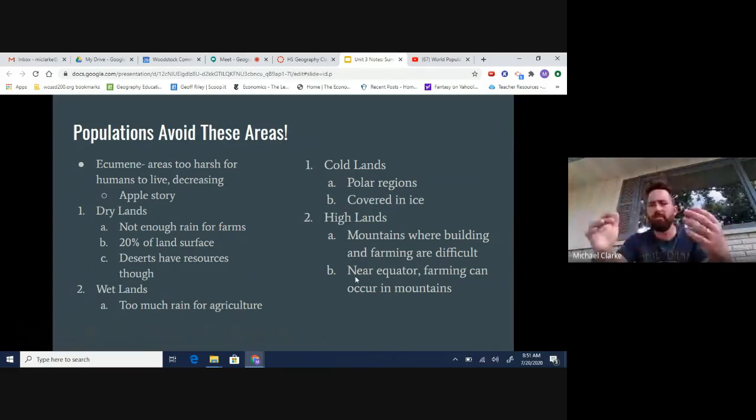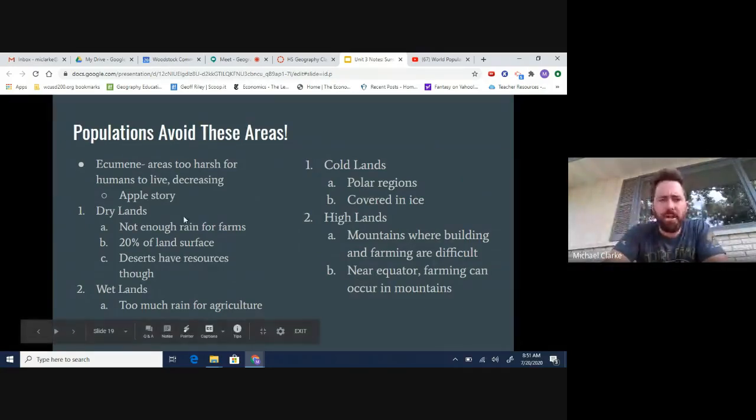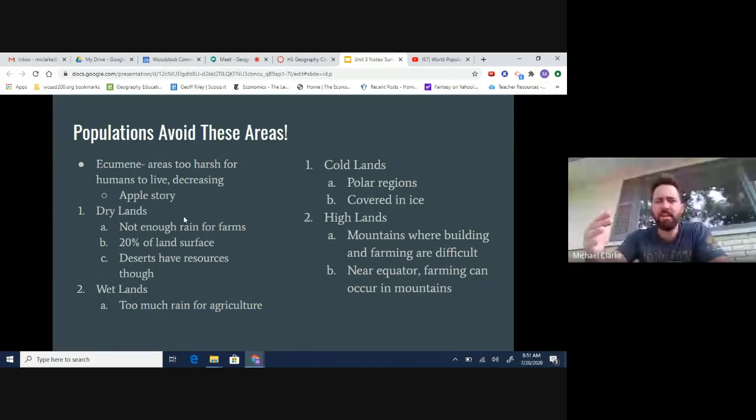It's harder to have a home up there. You're at higher risk of environmental catastrophe in these elevated mountainous areas. And so because of that, think about that. The world has a significant amount of dry lands, of areas that are really cold, like Antarctica, areas that are really wet, rainforests, waterways, highlands, mountainous areas where it's too difficult to live.